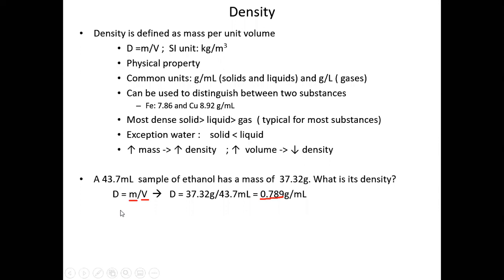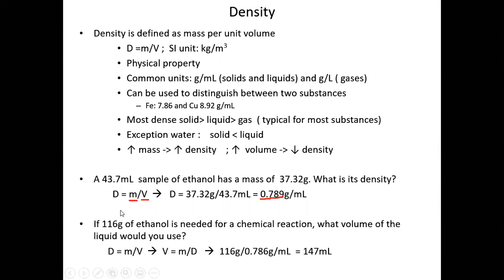Now, a derivation of this is, let's say we want to know what volume of ethanol would have 116 grams. So in this problem, we have 116 grams of ethanol needed for a chemical reaction. What volume of the liquid would be used? So we have to rearrange the equation to solve for volume. Volume is equal to the mass divided by density.